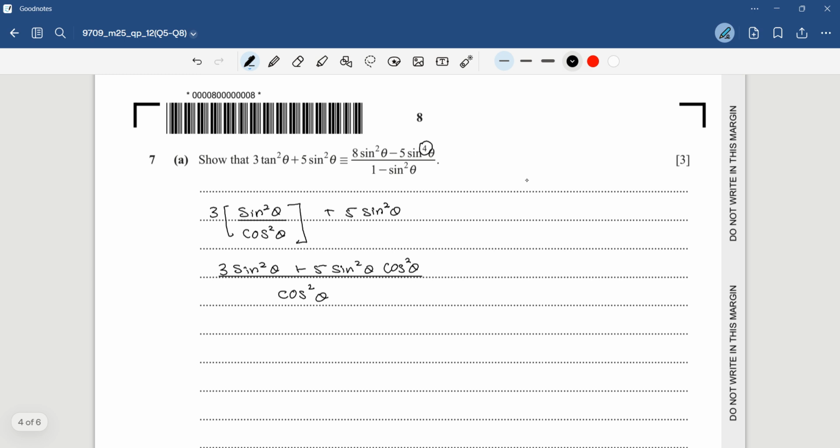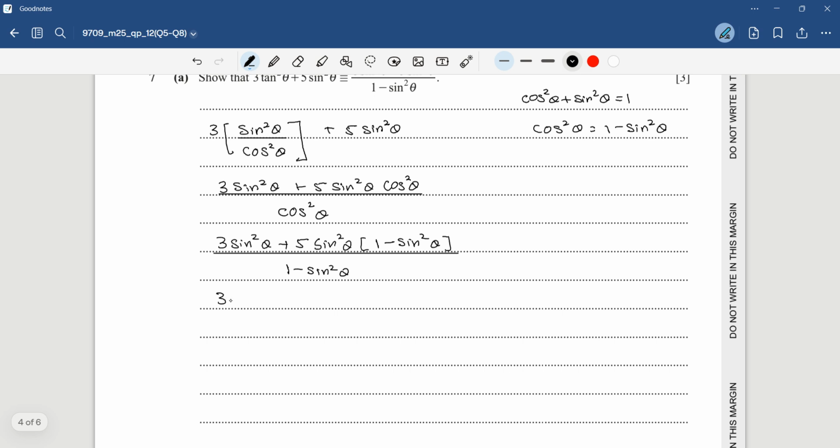By using the trigonometry identity cos square theta plus sine square theta equal to 1, cos square theta equals 1 minus sine square theta. So 3 sine square theta plus 5 sine square theta times 1 minus sine square theta over 1 minus sine square theta.